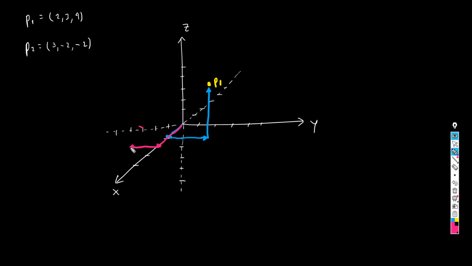So we go downwards instead of upwards. How many units? 2. 1, 2. I'm exaggerating, okay, because I want the drawing to look good. And so right there is where my point P2 is. There you go. So this is point 1, this is point 2, and this is how you draw them.